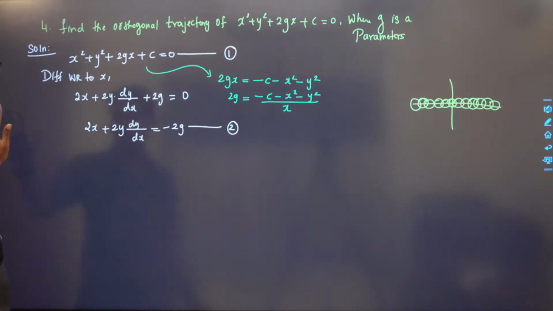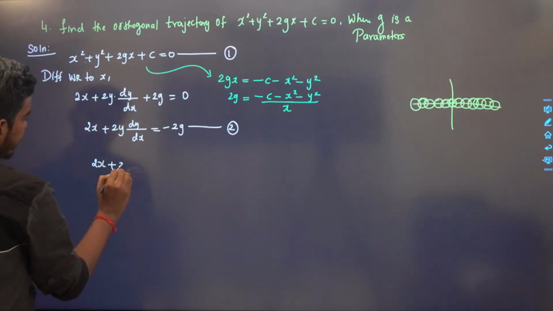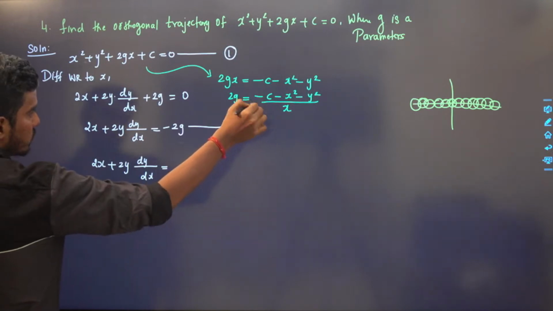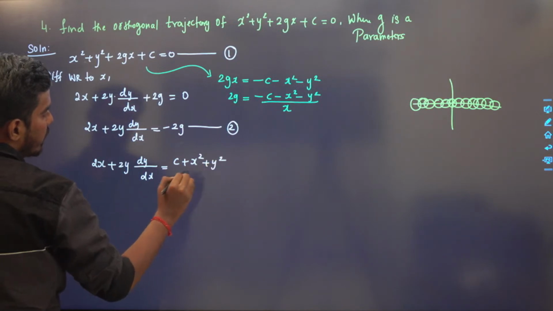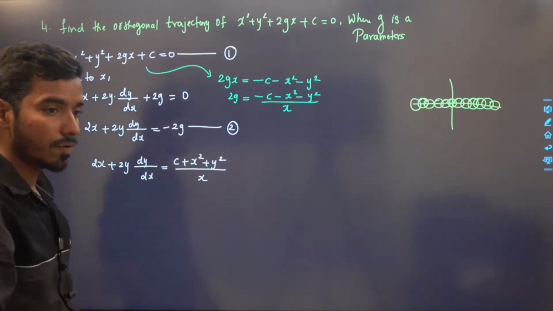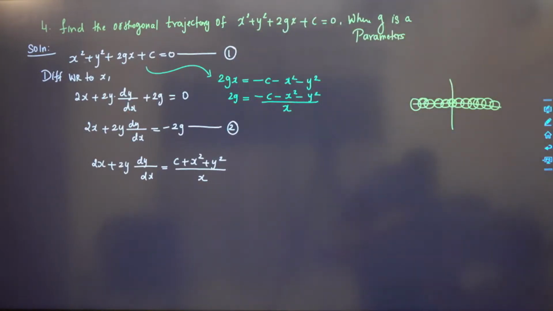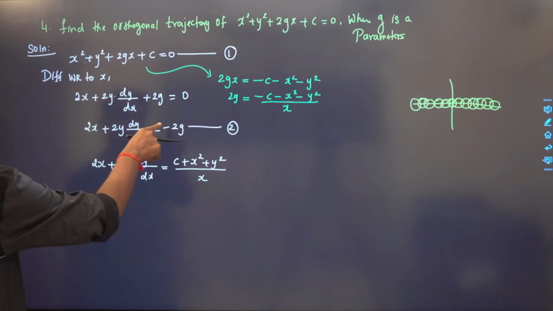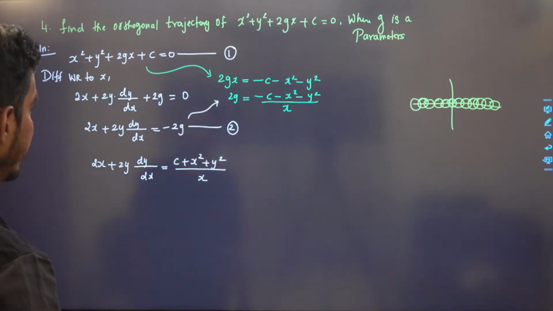But here we have minus 2g, so multiplying throughout by minus, we will have c plus x square plus y square by x. So we are done with the first step, right? We have differentiated with respect to x and then we have eliminated the parameter, right? Okay. So here you have minus 2g, so compare this: c plus x square plus y square by x.